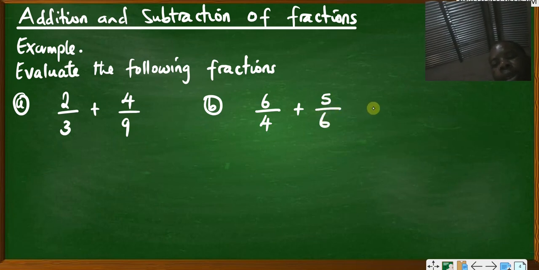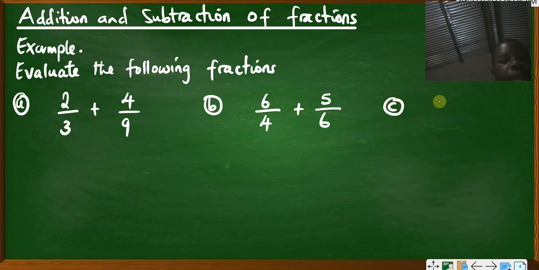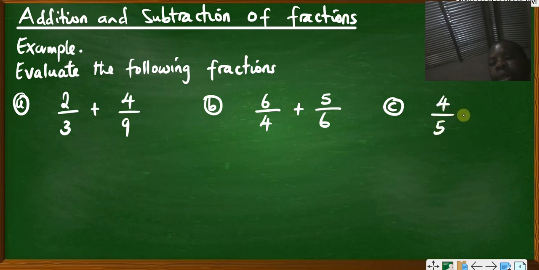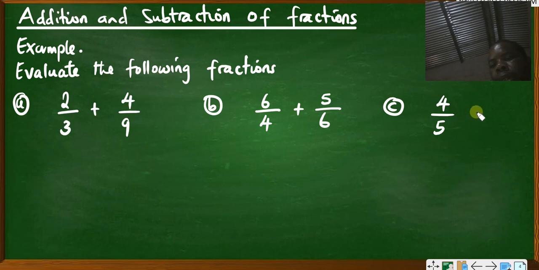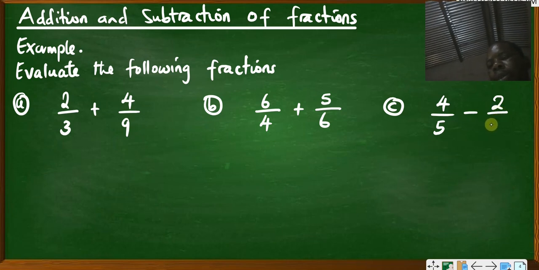Then I have C, I have something like 4/5, then minus, I'll just say minus this time around, 2/4.